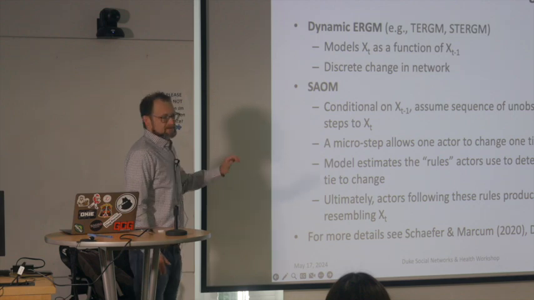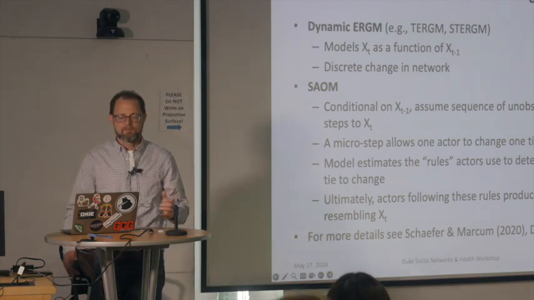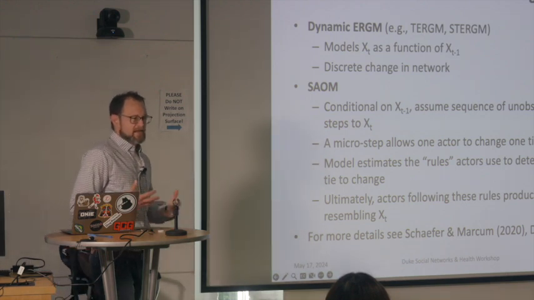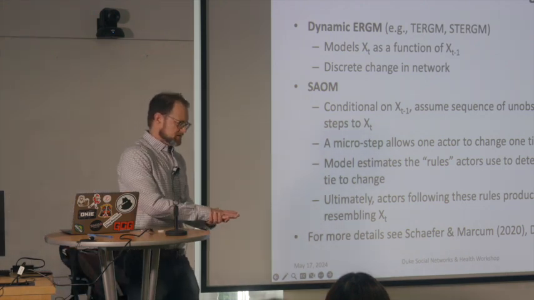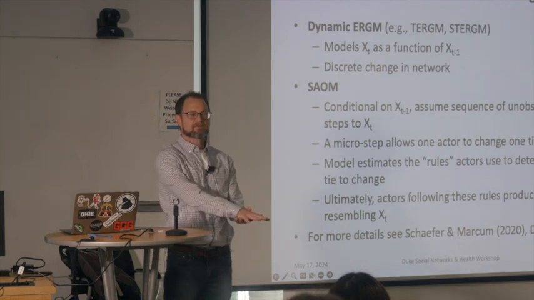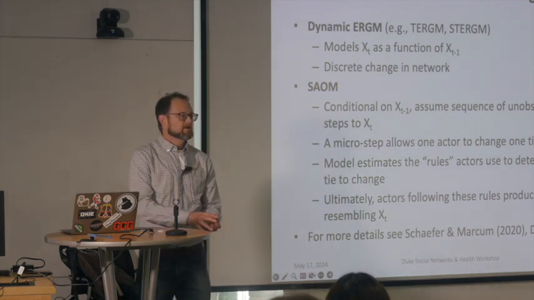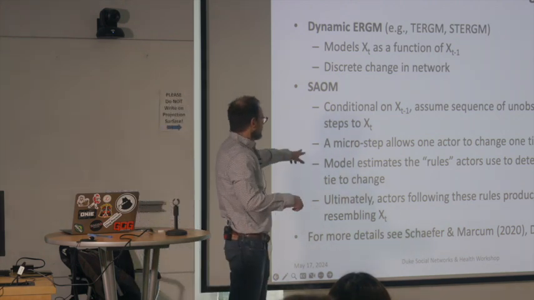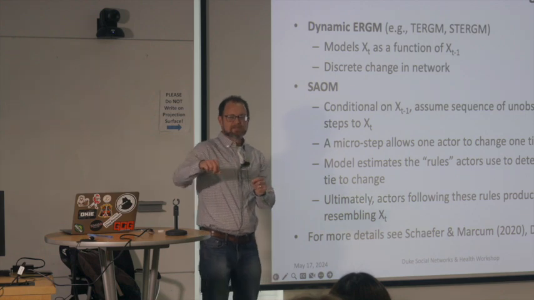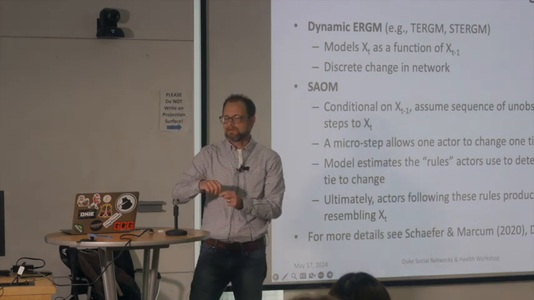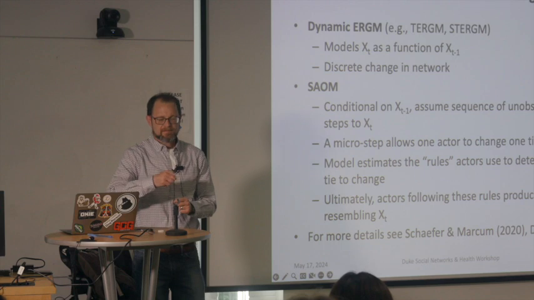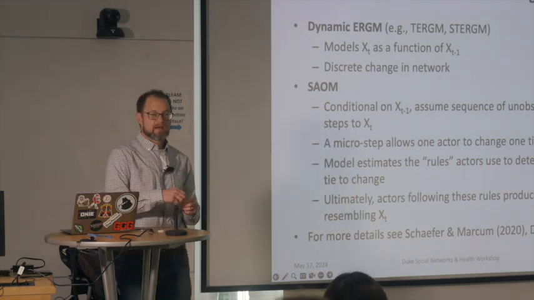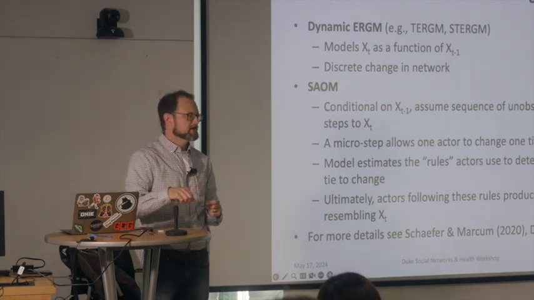SIENA is a very different mindset. It's an actor-oriented model where we take the observed network at time one, start there, and put an agent-based model on top of it, where we pick actors and allow them one by one to change one tie. We put some effects in the model to determine how actors choose which tie to change.